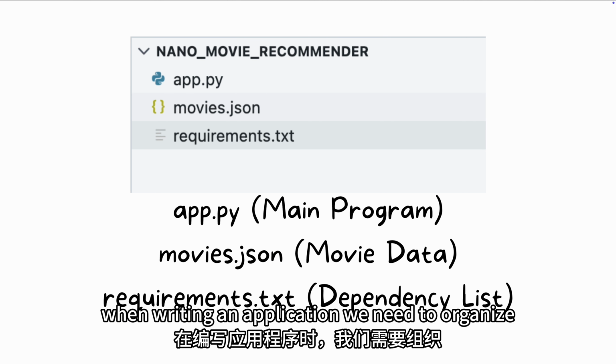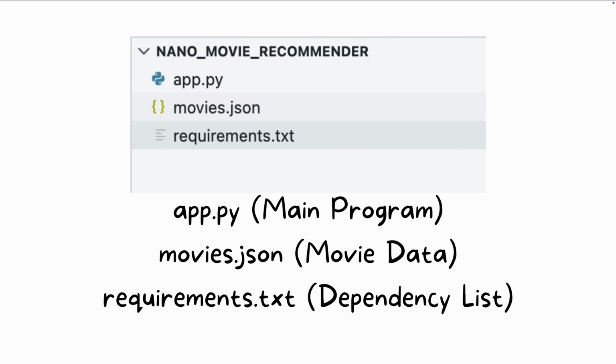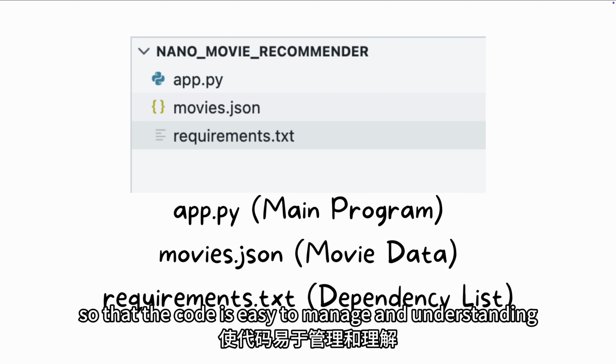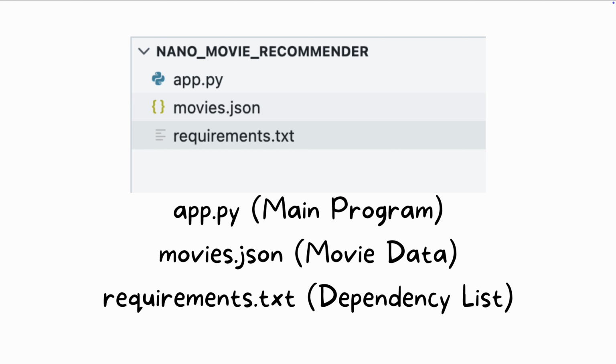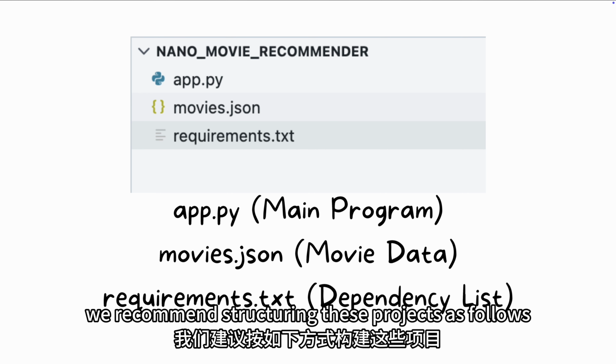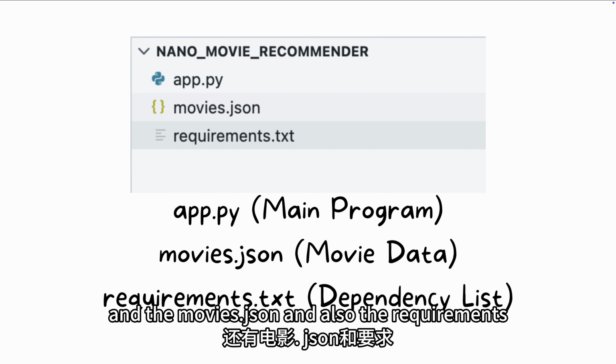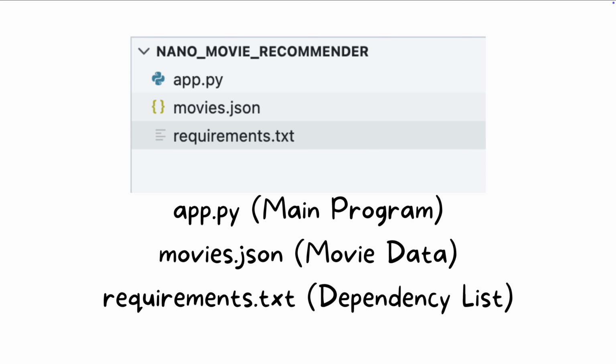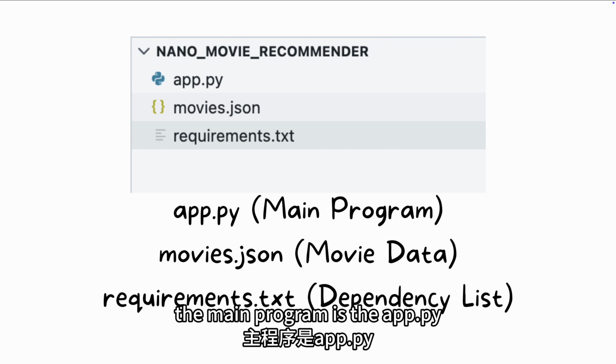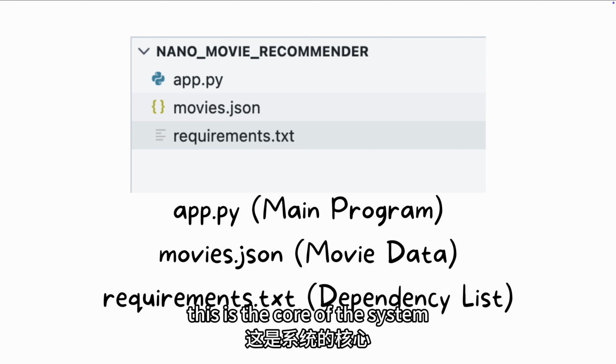When writing an application, we need to organize different files so that the code is easy to manage and understand. We recommend structuring this project as follows. We will use the app, the movie JSON, and also the requirements. The main program is the app.py. This is the core of the system.